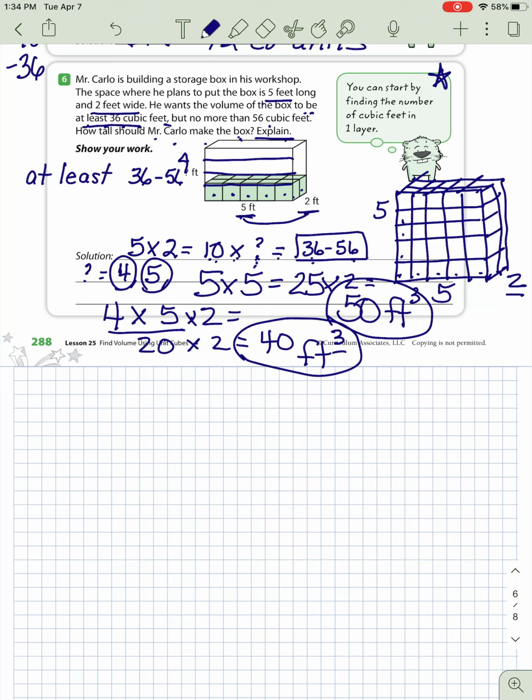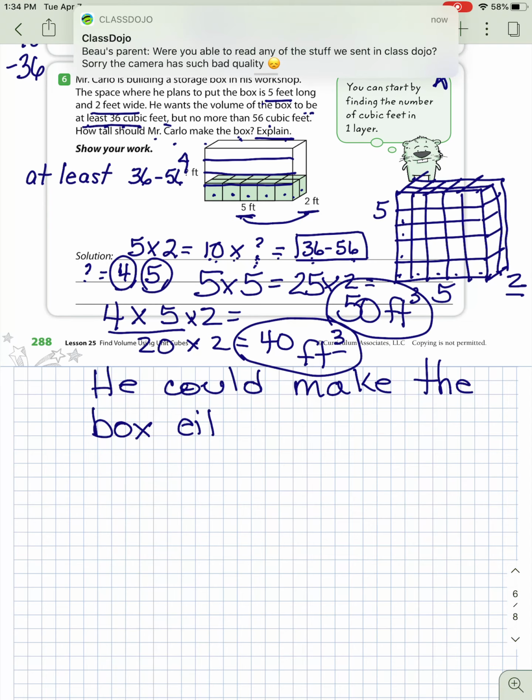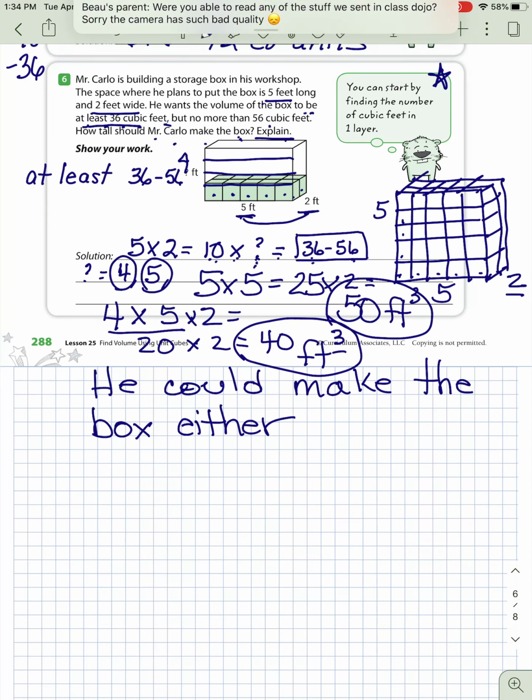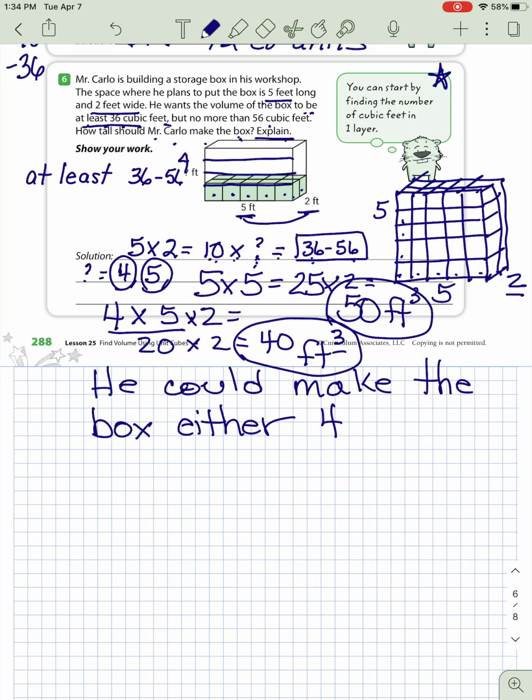Well, here I could say he could make the box either 4 feet or 5 feet tall.